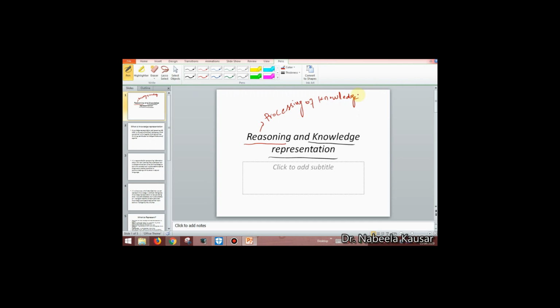Knowledge representation is storing knowledge so that the agent or machine may solve the complex problem. So here reasoning means processing the knowledge, and knowledge representation means storing or presenting the knowledge.